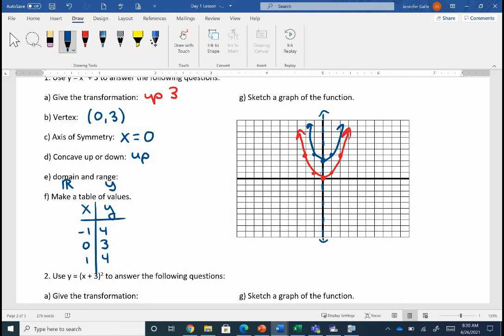if I look at my graph, what's in this case, my vertex is my lowest point. What's my lowest y value? How low can we go for y? The lowest y value is at 3, right? The lowest y value is at 3 at my vertex.